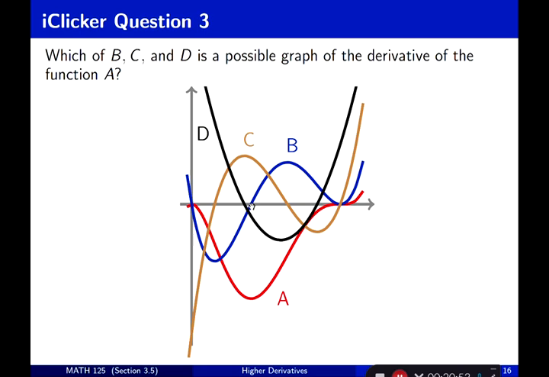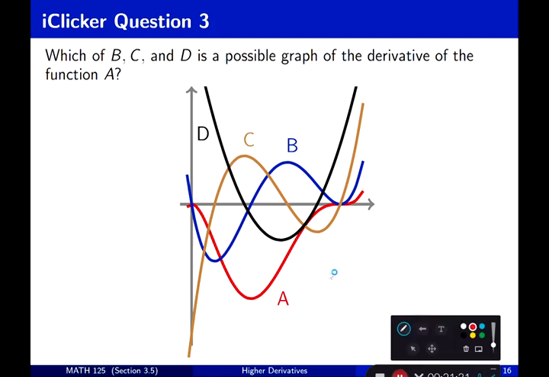It hits the x-axis right when the function becomes increasing, and then it stays above the x-axis, and it becomes decreasing when A changes concavity, and so on and so forth. So it follows A completely. So B is the answer.